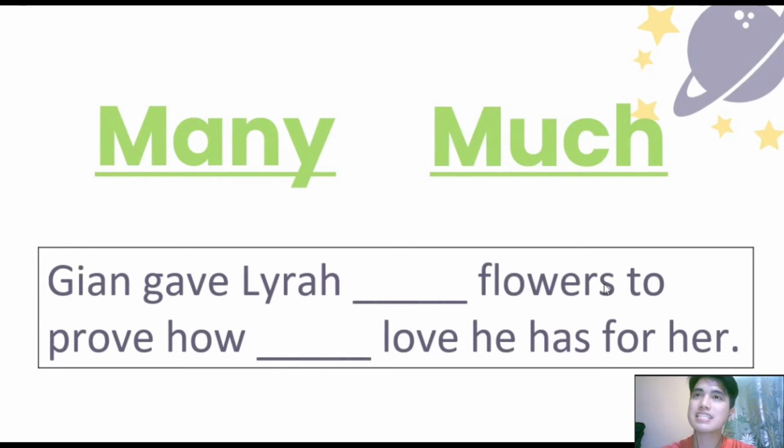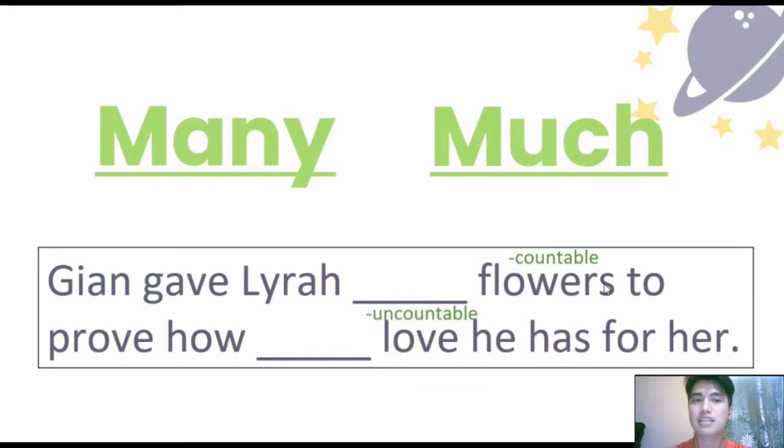First, let's see if the noun is countable or not. Is the noun flowers countable? Yes, sir, it is countable. And is the noun love countable? No, sir, it is uncountable.